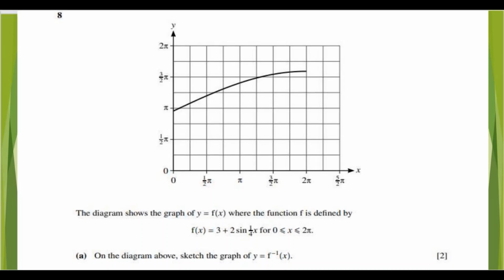The graph of f inverse is the reflection of the graph of f of x about the line y is equal to x. So first draw the line y is equal to x. Then switch all x y values of f of x in each point to sketch the inverse.